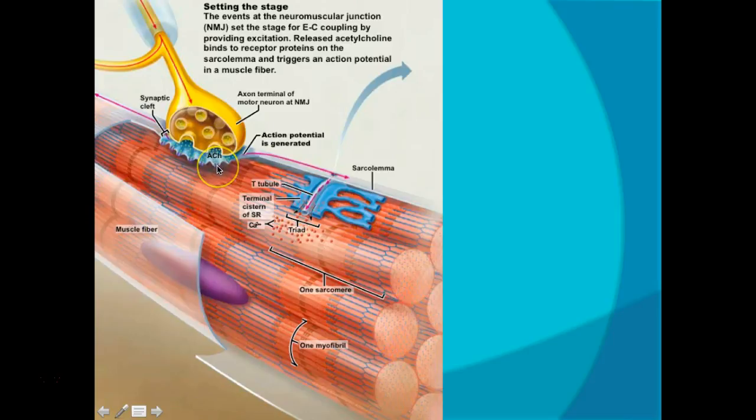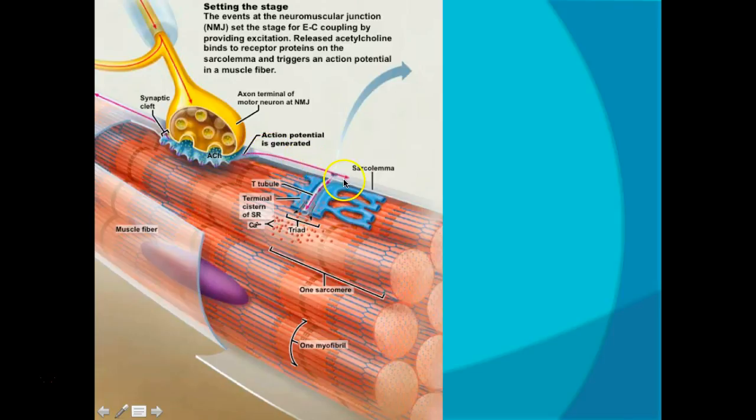Now when that happens, our sodium potassium channels are going to open up. We let more sodium into the cell, and that causes the inside of the cell to become more positive. When it becomes positive to the level of positive 30 millivolts, that threshold, then the action potential is going to be generated and starts to propagate down the sarcolemma.